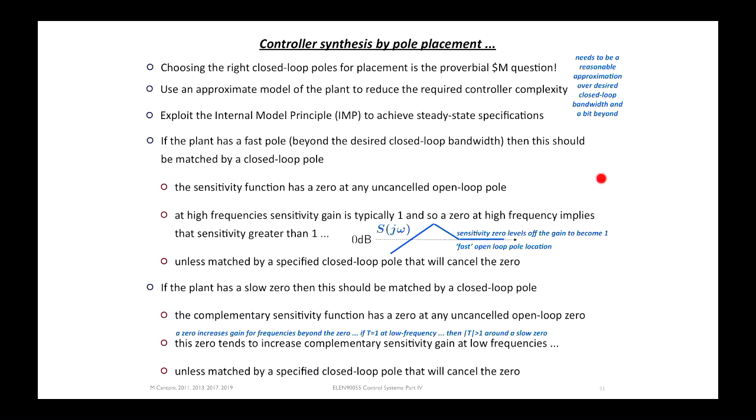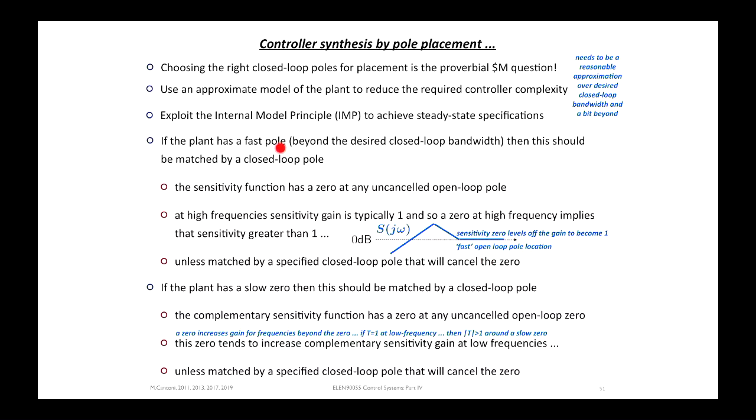Zeros make Bode plots kick up. So if your plant has a fast pole, then the sensitivity function will have a 0 at a high frequency, making the Bode plot kick up. But we know that the sensitivity function should be flat. And so, if it's ending up flat, it's telling you it must be going down.